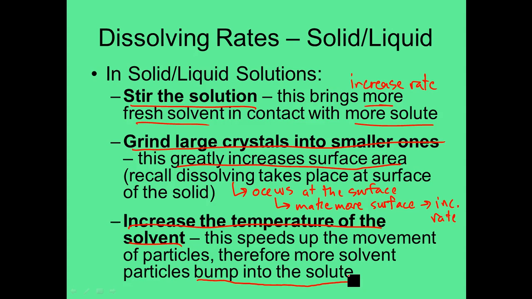So if more solvent particles bump into the solute, this also increases the rate. So those are your three things that increase solid liquid solution rates. Stirring the solution, grind large crystals into smaller ones, and increase the temperature of the solvent.